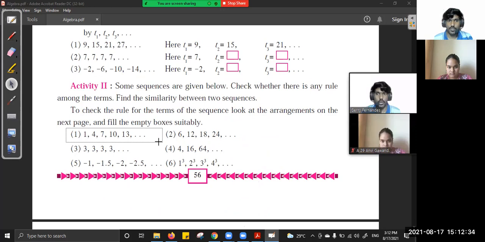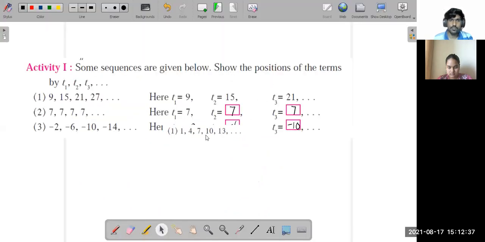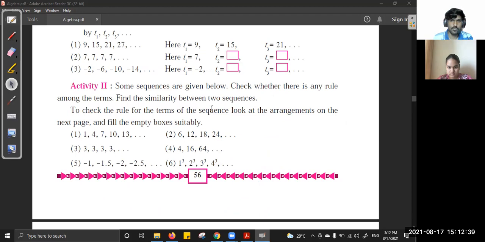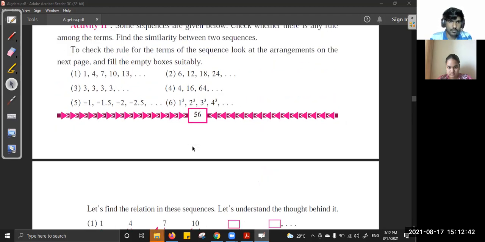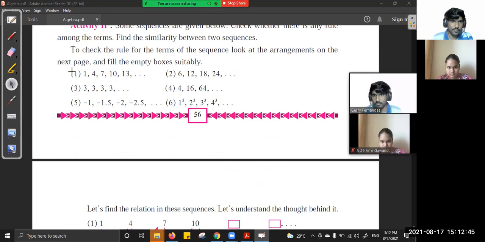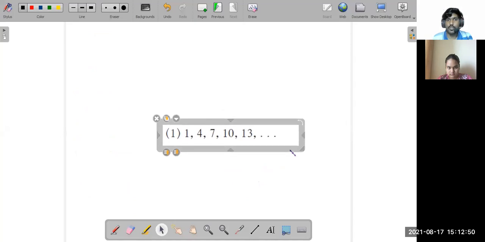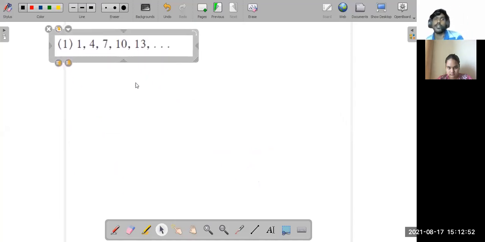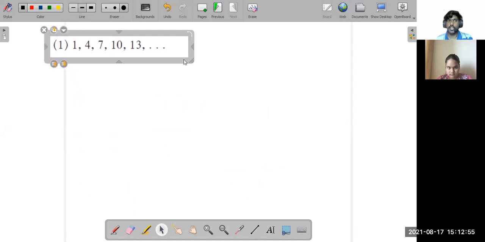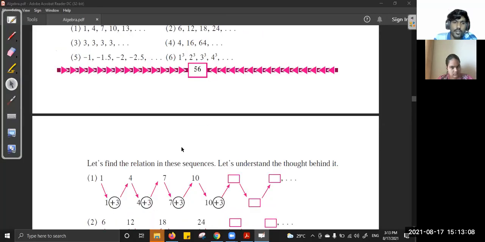So let's check with the first one. The first sequence is 1, 4, 7, 10, 13, and so on. Can you see anything? It's always increasing by 3.